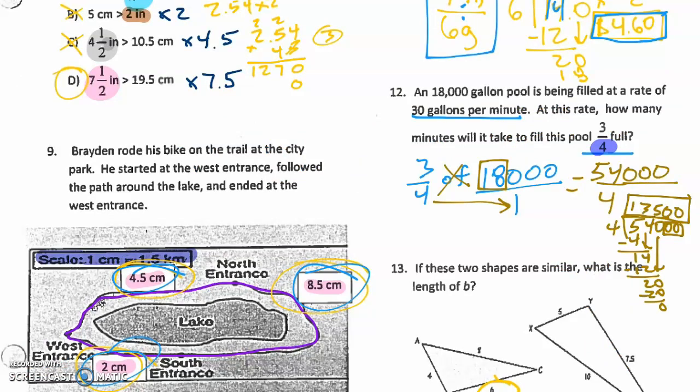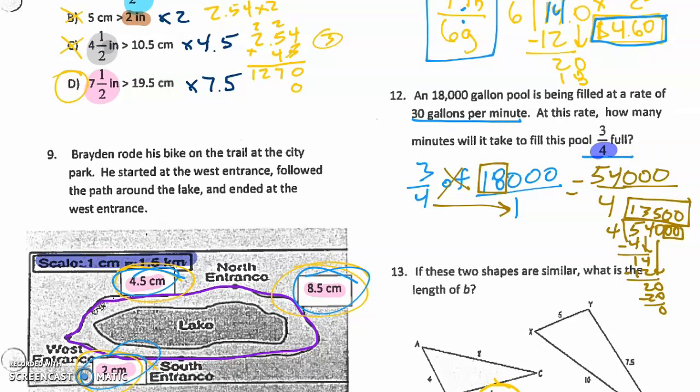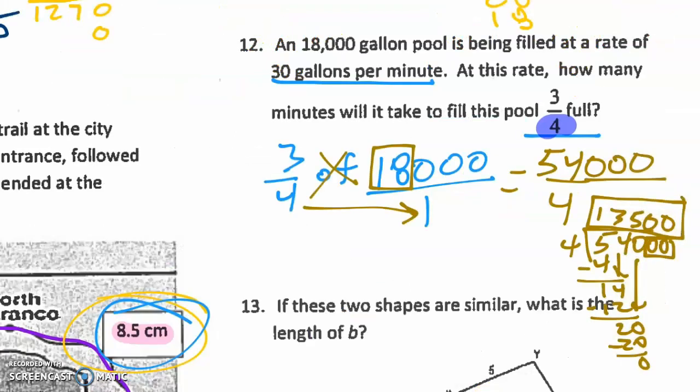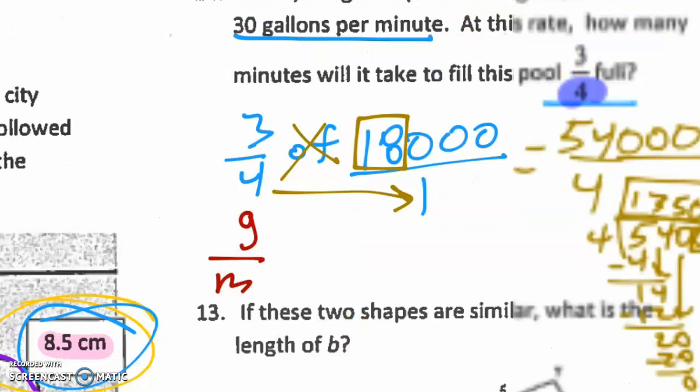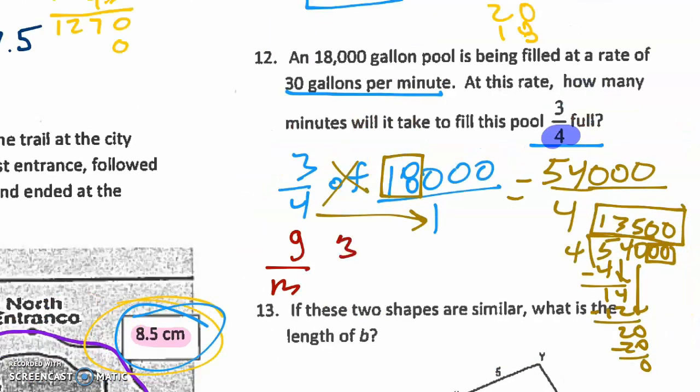This is a difficult problem. So we need to completely fill that up. We have gallons. We get a different color so it sticks out. We have gallons and we have minutes. So how many gallons can it fill up? It can do 30 gallons in 1 minute.